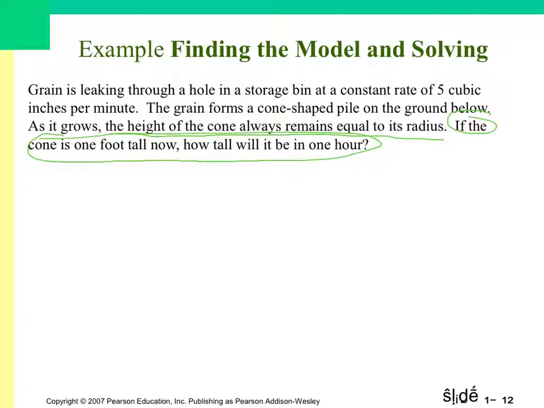So, here's the thing we got to think about. It told us, so we know that the height of the cone, so height equals radius. Volume of a cone, 1/3 pi r squared h. But we know h equals r, so that would be 1/3 pi r cubed. Okay. It says if the cone is 1 foot tall now, how tall will it be in 1 hour?